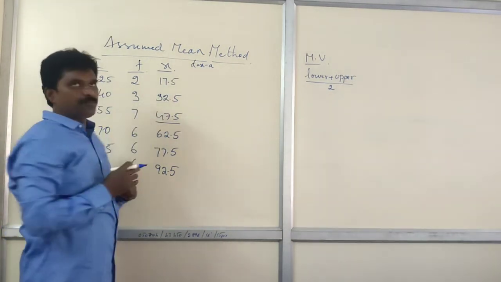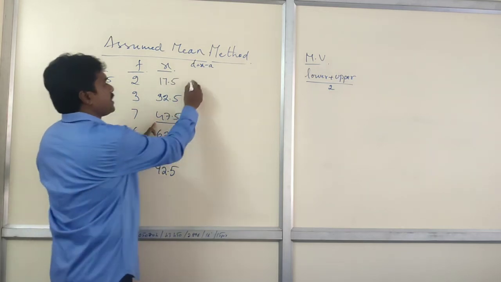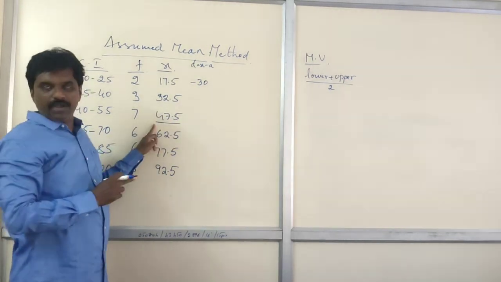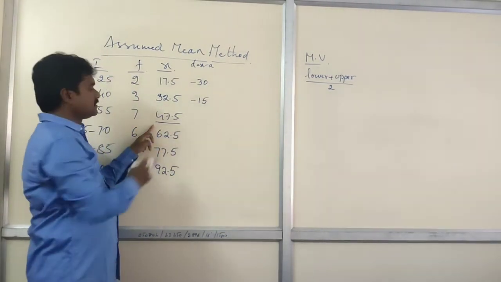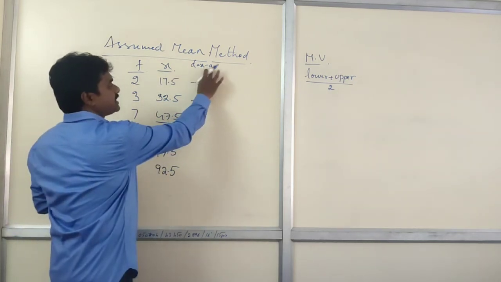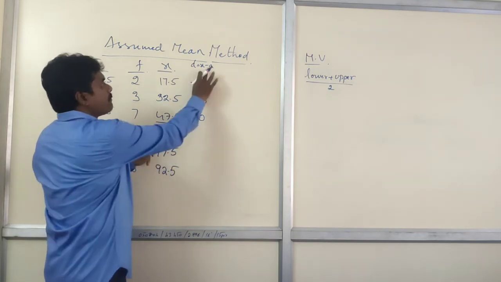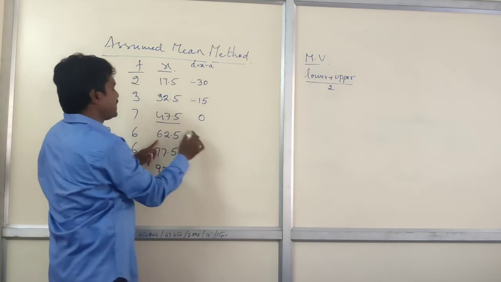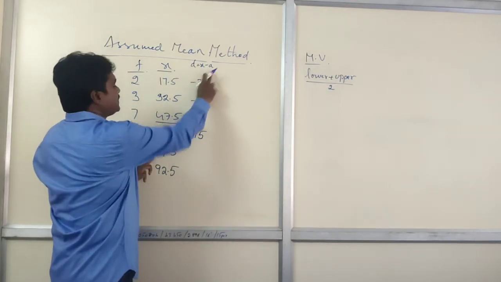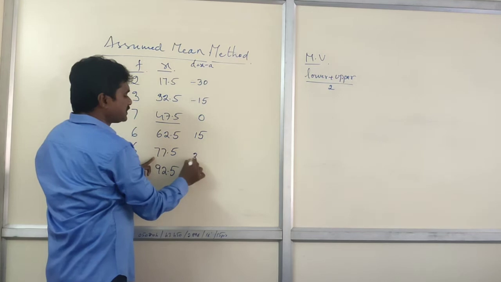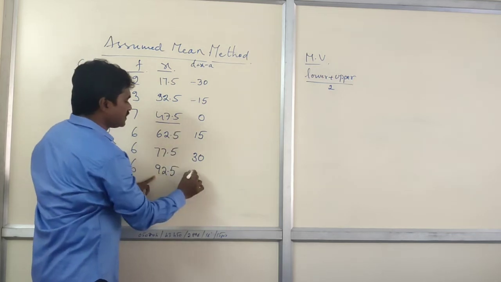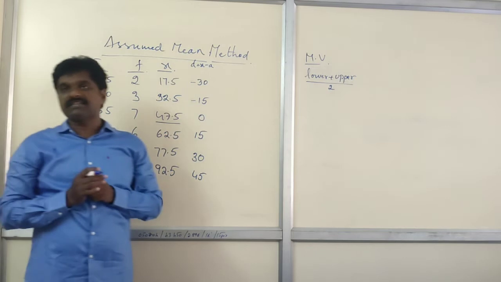In the sense 17.5 minus 47.5, you get minus 30. 32.5 minus 47.5, you get minus 15. 47.5 minus 47.5, you get 0. 62.5 minus assumed mean 47.5, you get 15. 77.5 minus 47.5, you get 30. 92.5 minus 47.5, you get D, that is 45. These are the differences we come across.